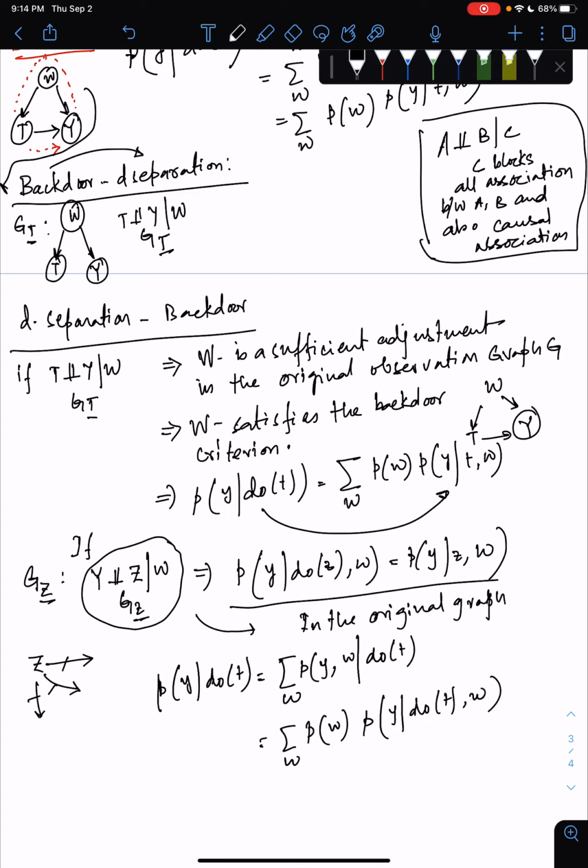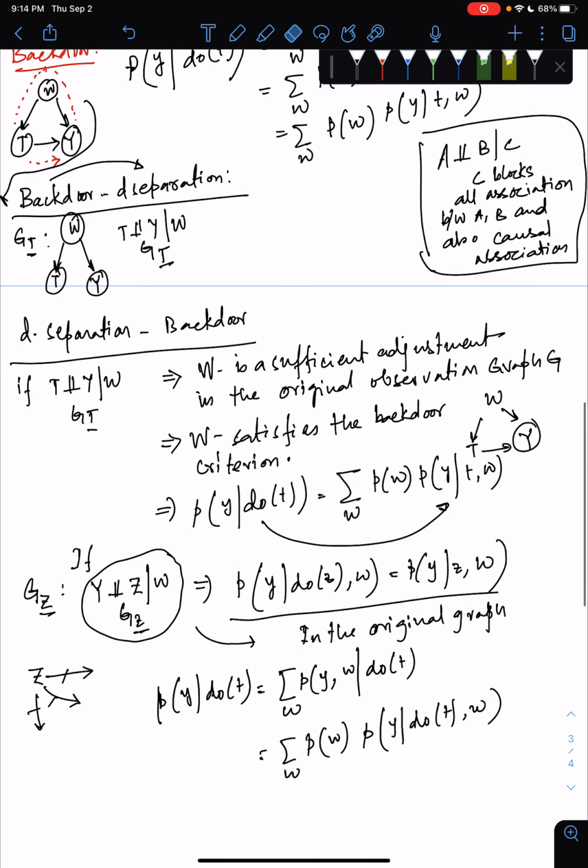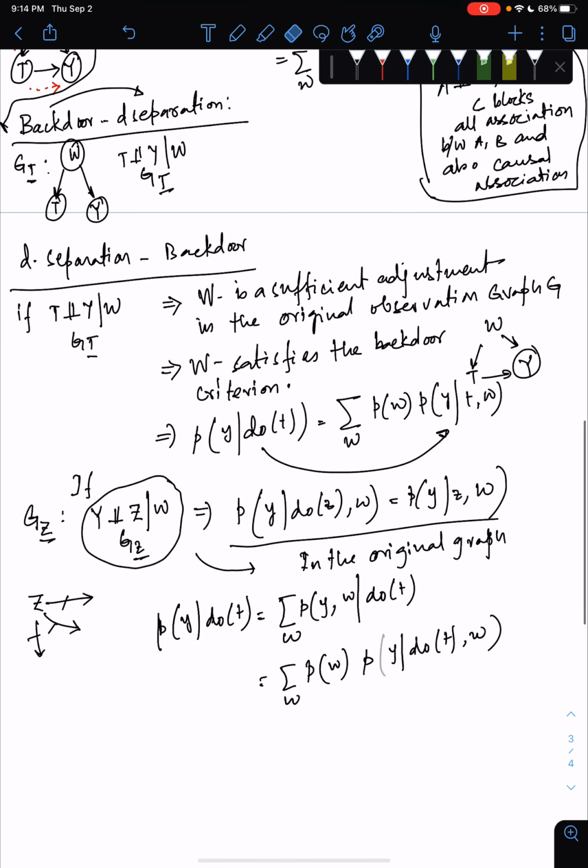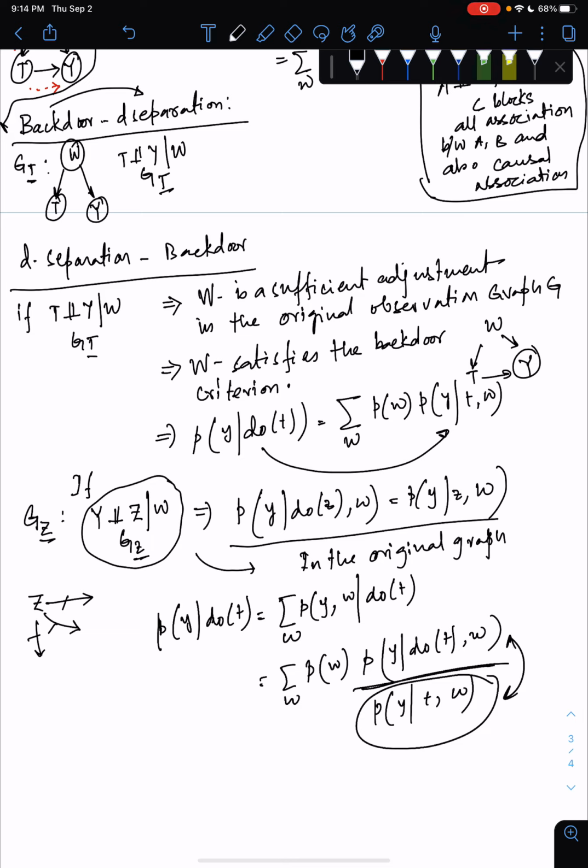So in this original graph, my w is able to block all the spurious association between t and y. So now this is nothing but t and w. So this relationship is nothing but this relationship.